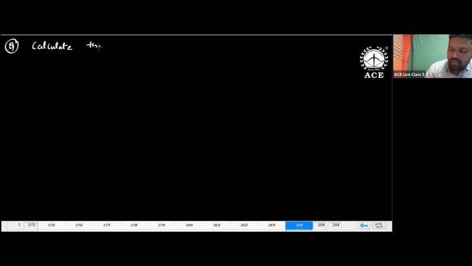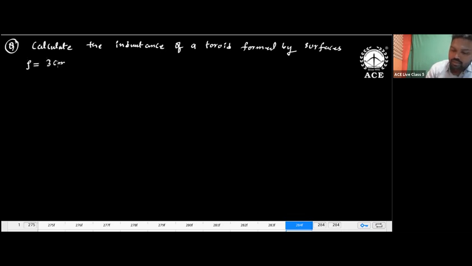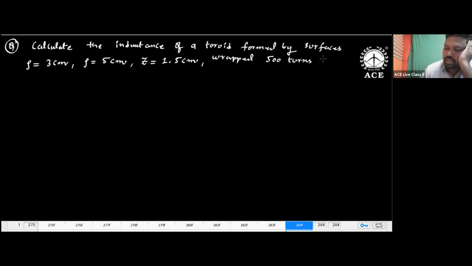Calculate the inductance of a toroid formed by the surfaces rho is equal to 3 centimeters, rho is equal to 5 centimeters, Z is equal to 1.5 centimeter, wrapped with 500 turns of wire.